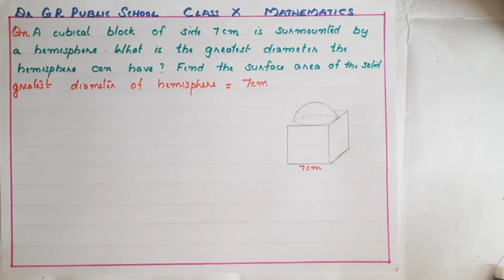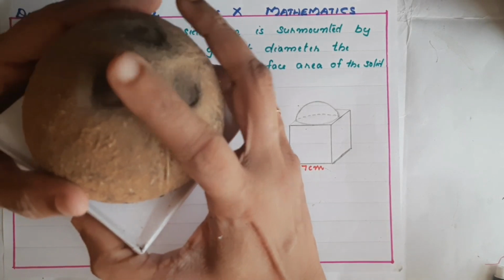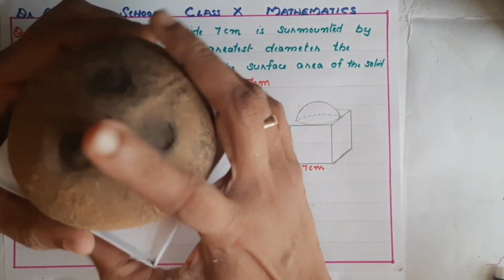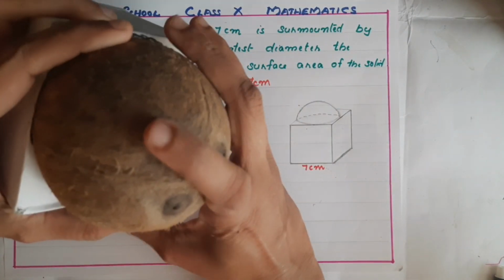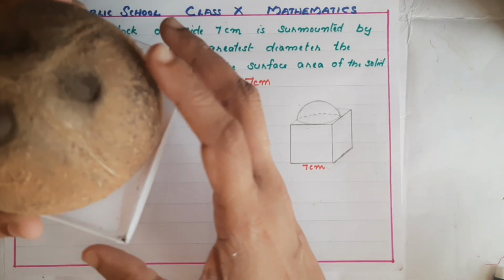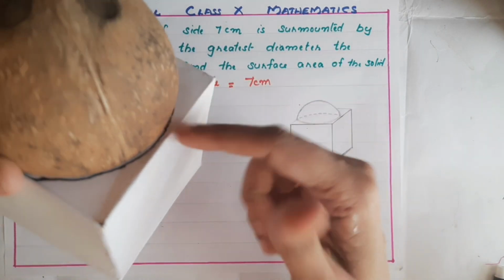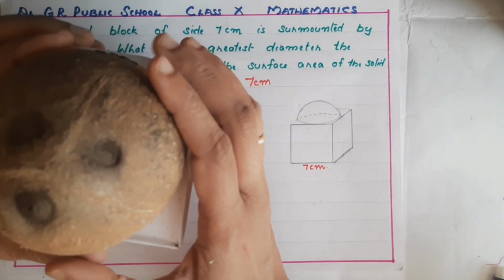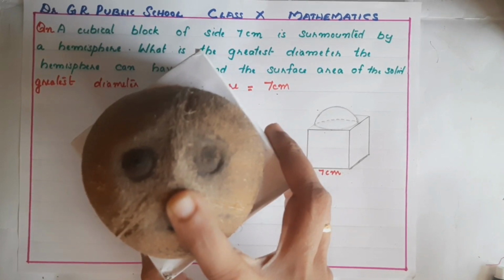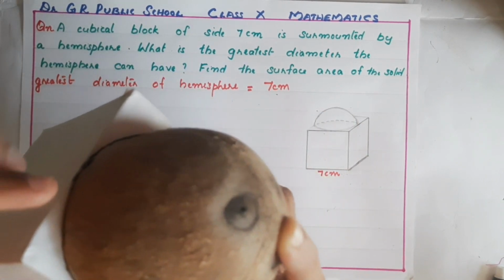See, let me show that solid once again. This is our solid. Okay, children? So, surface area of a solid. You should understand one thing. We have to find out the total sum of all the areas visible to us. So, what will be the total surface area of this resulting solid?